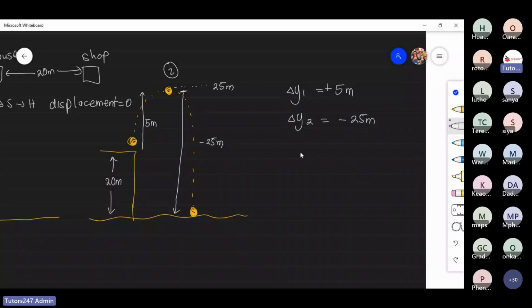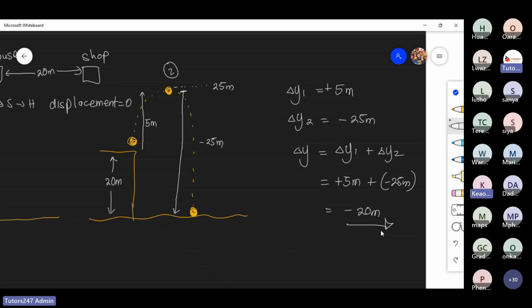To find the resultant displacement, all we do is add up displacement 1 and displacement 2. So positive 5 meters plus negative 25 meters gives us negative 20 meters. That is how we were able to find that negative 20.